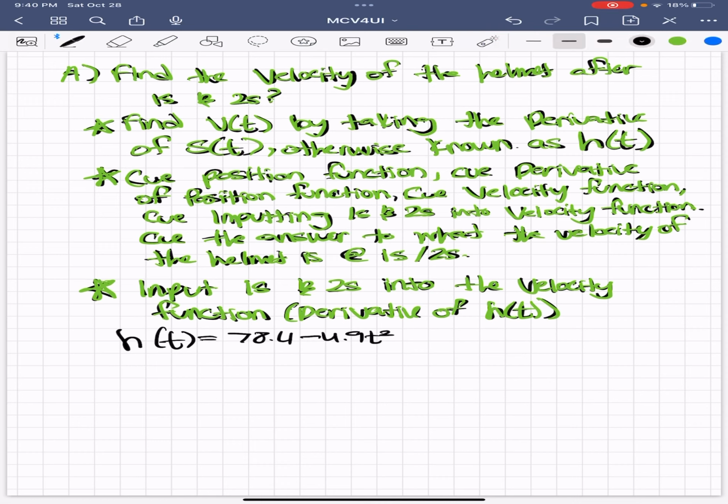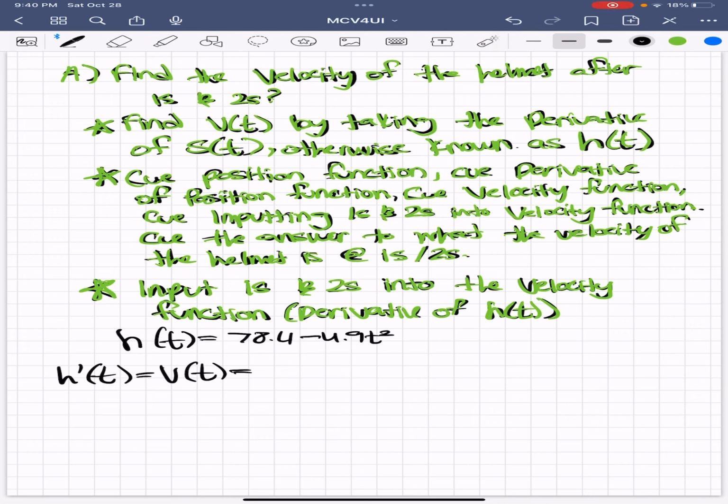Back to our handy dandy pencil. So s of t equals 78.4 minus 4.9 t to the power of 2. So what we find here is the derivative of h of t, aka the velocity function.